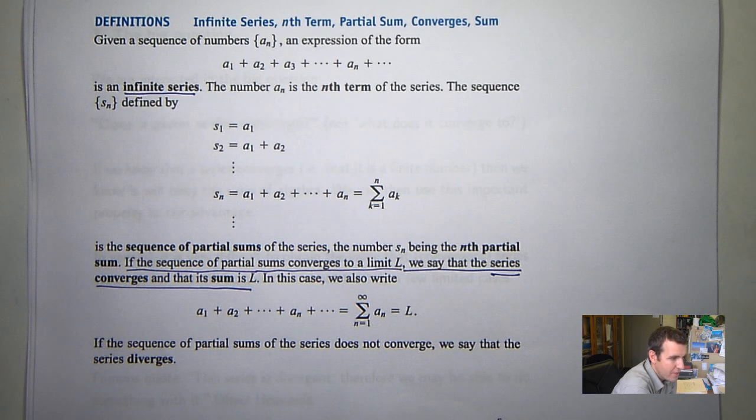So you can basically break down the convergence of a series down to the convergence of the limit of its partial sums.